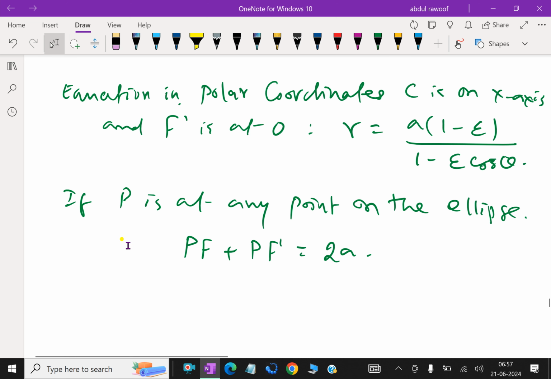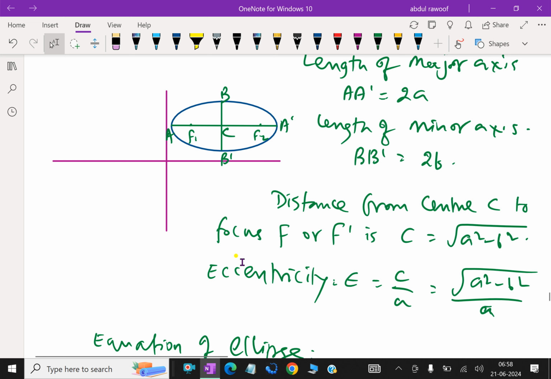If the major axis is parallel to the y-axis, interchange x and y. These are the important things about the ellipse: the equation, major axis, minor axis, focus, and distance between the foci.